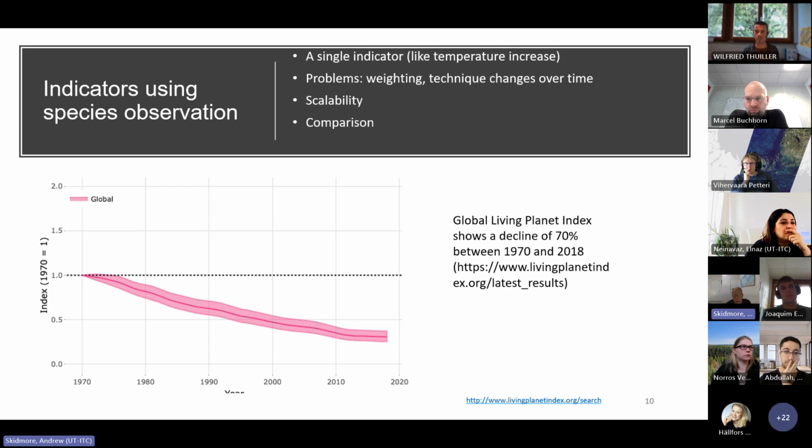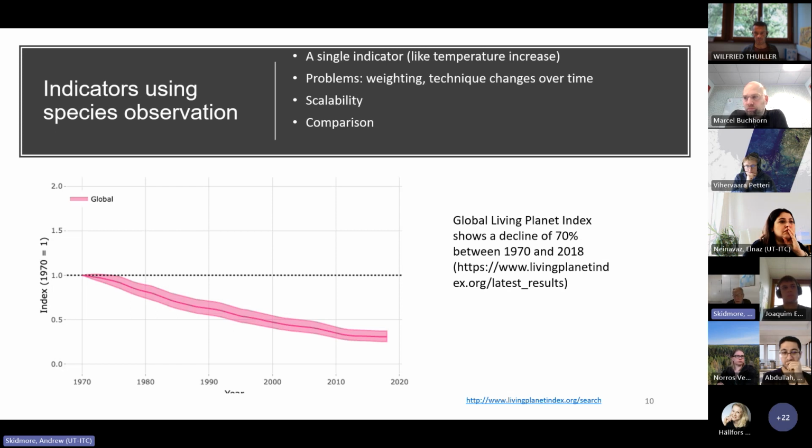And using these data, the Global Living Planet Index has been tracking how species have been declining, and this index shows a decline of 70% by now in the last 50 years.